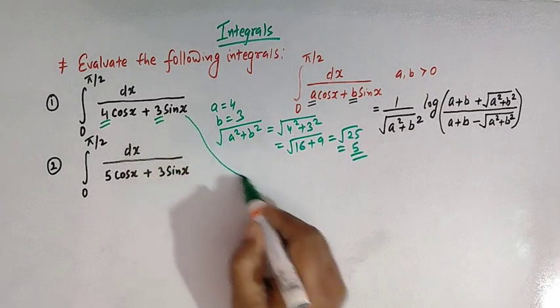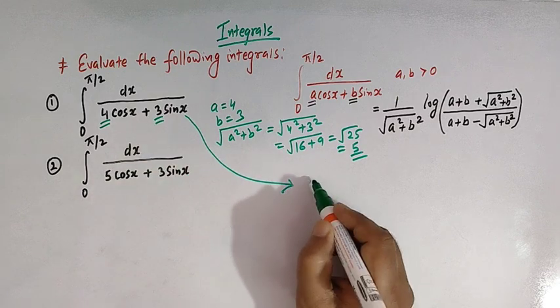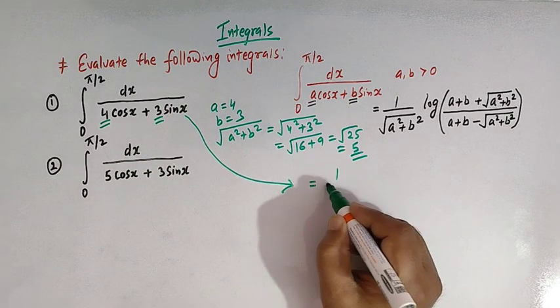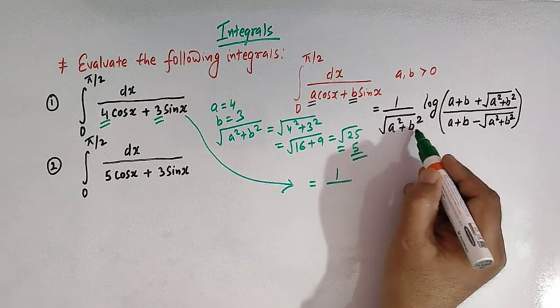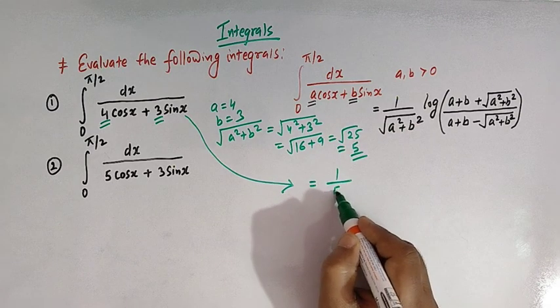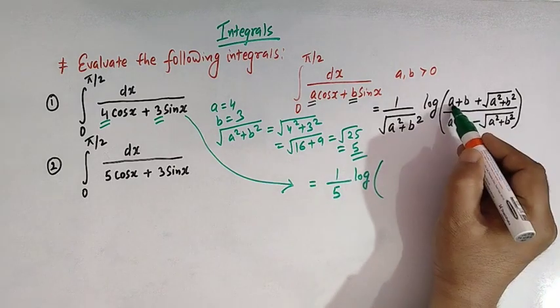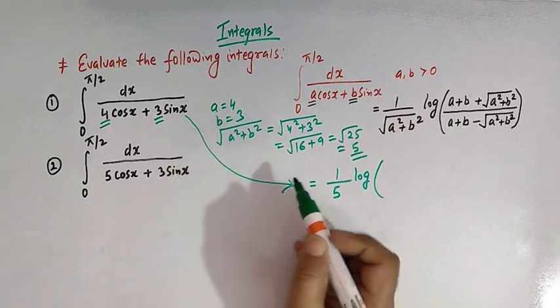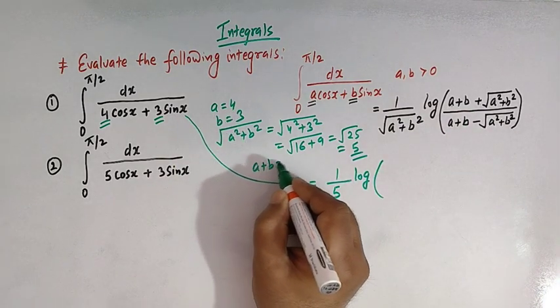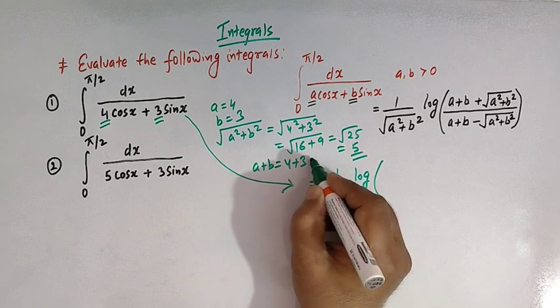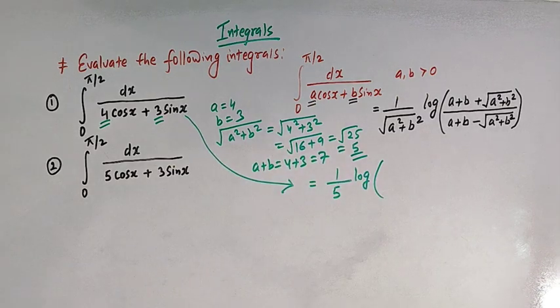So the value is 1 over 5, then log of a plus b, which is 4 plus 3, that is 7.